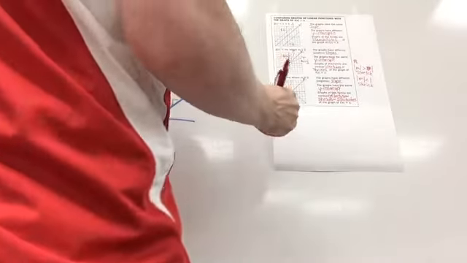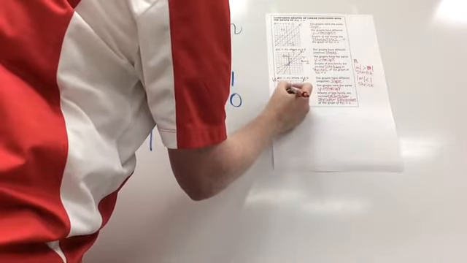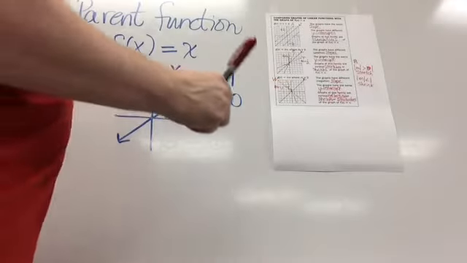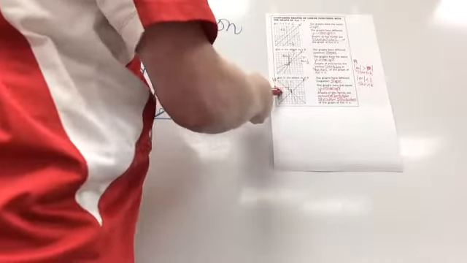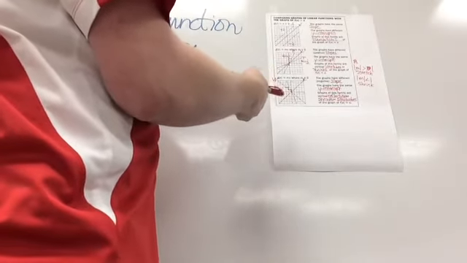So this line is going to be line W. Notice that line W has a slope of -1. So the absolute value of that is still 1, so that makes it just a reflection.